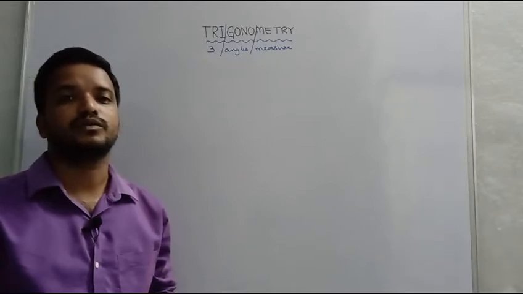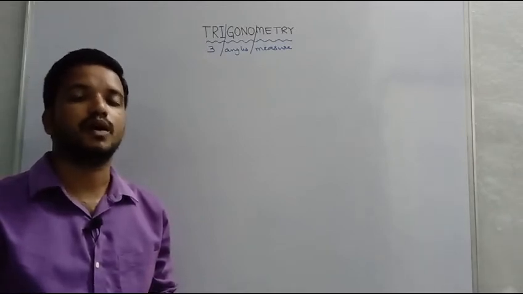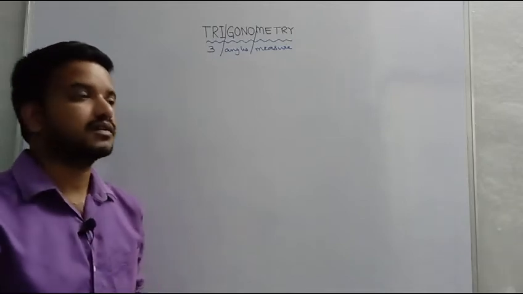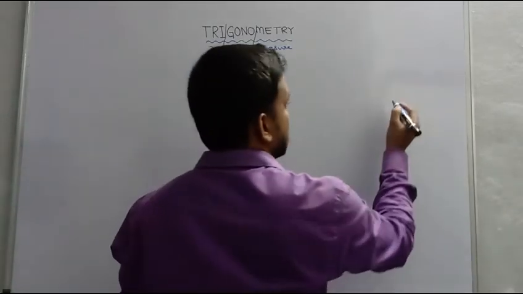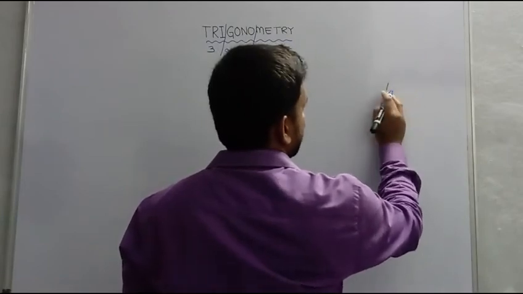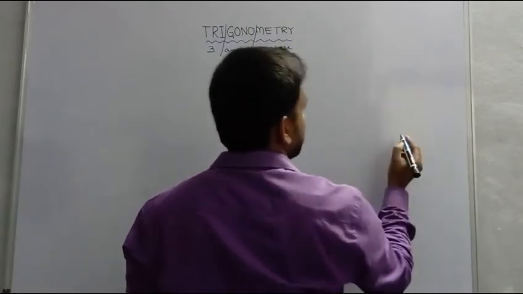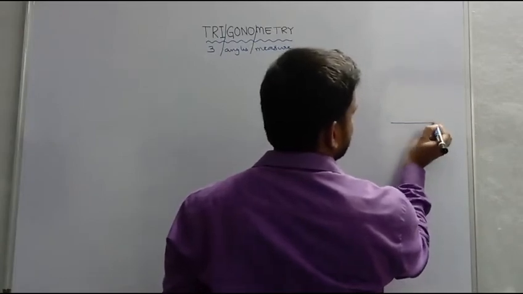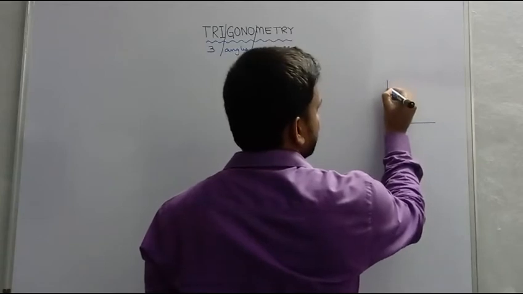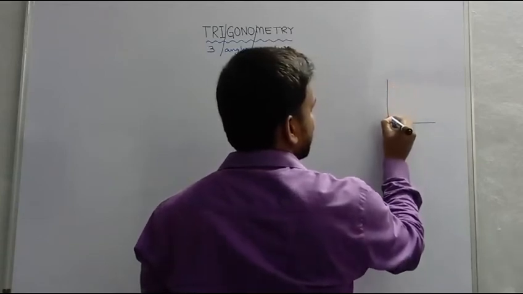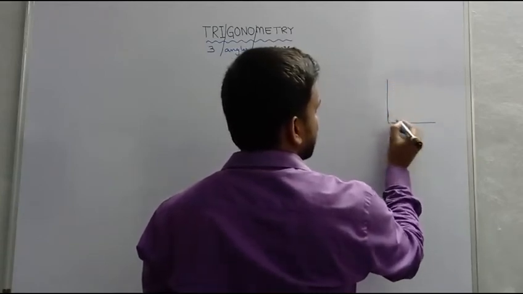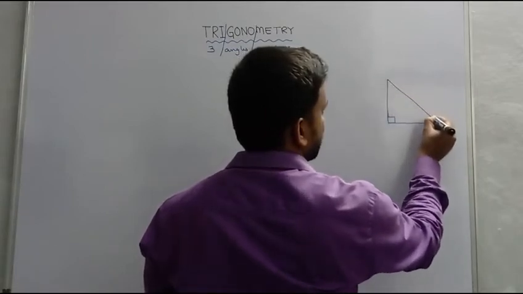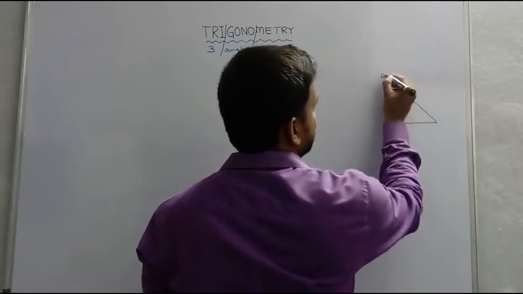Before going to know about the trigonometric ratios, first of all you have to name the sides in a right angle triangle. So in a triangle, if the angle at any one vertex is 90, then we call the triangle a right angle triangle.